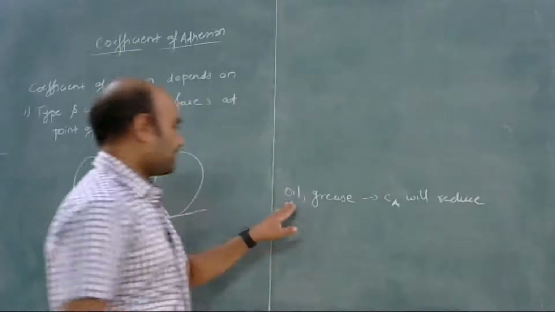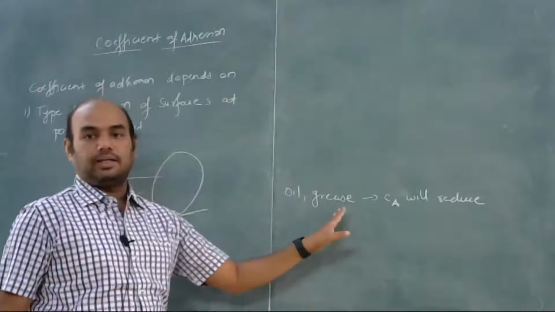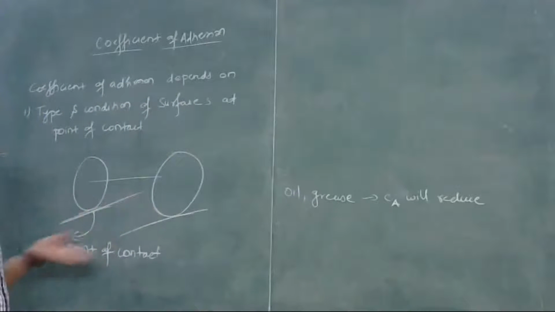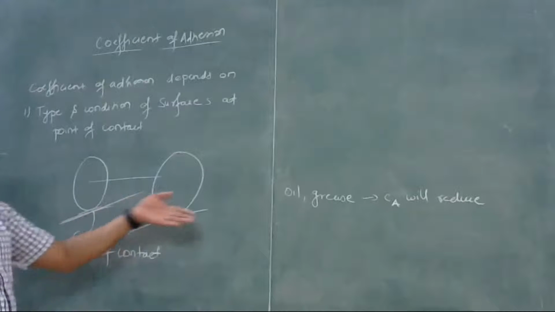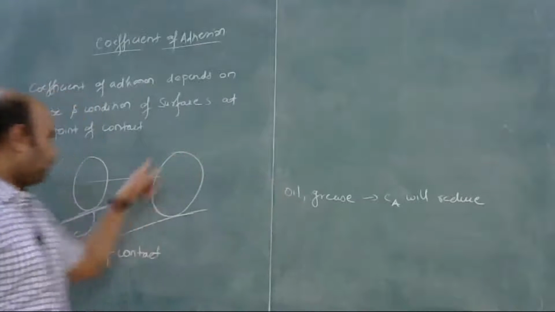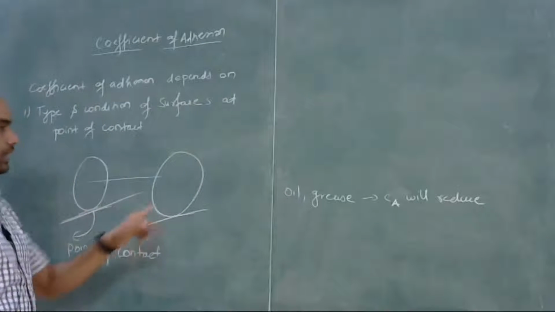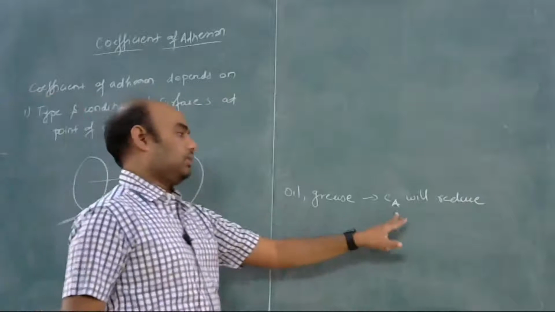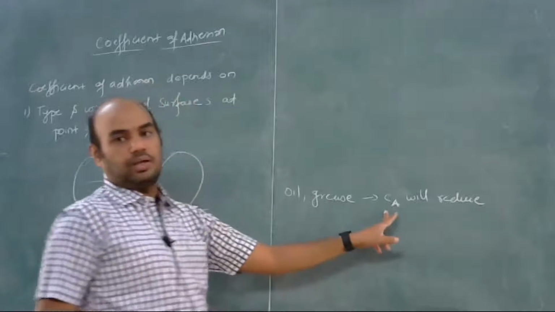Okay, so due to the presence of oil and grease on the railway track, the wheel will slip and this will decrease the coefficient of adhesion.